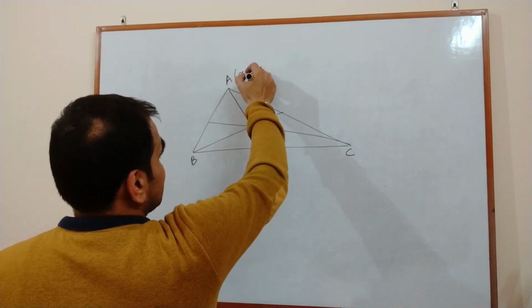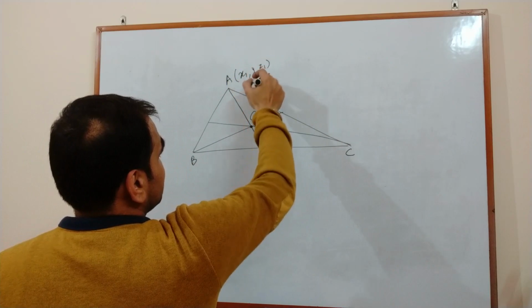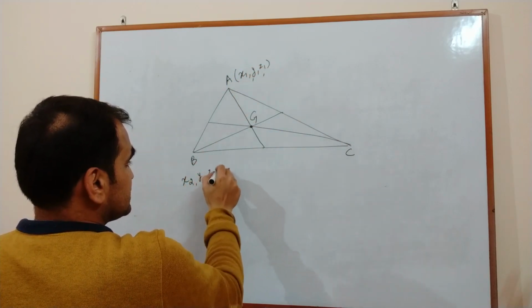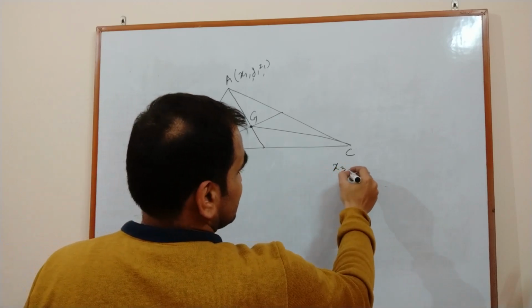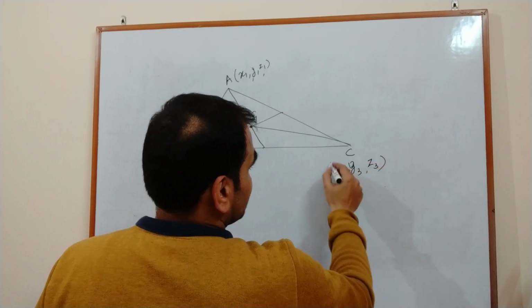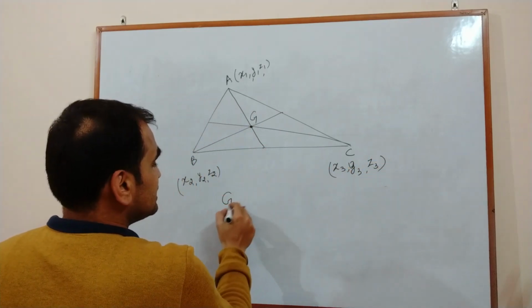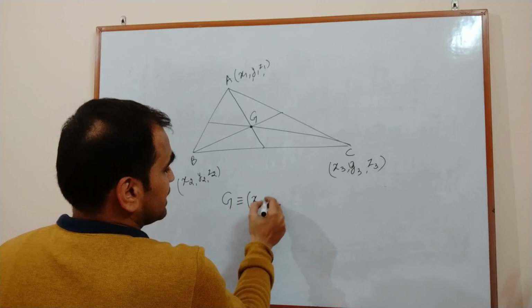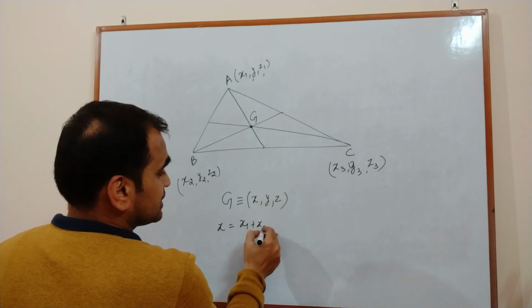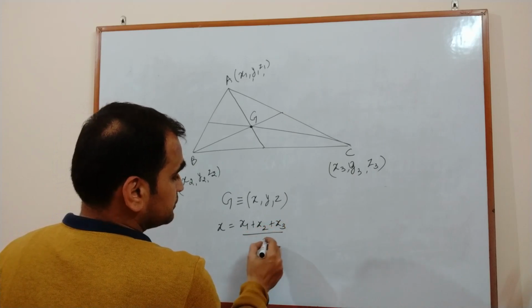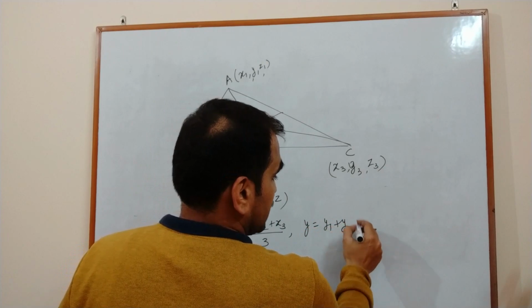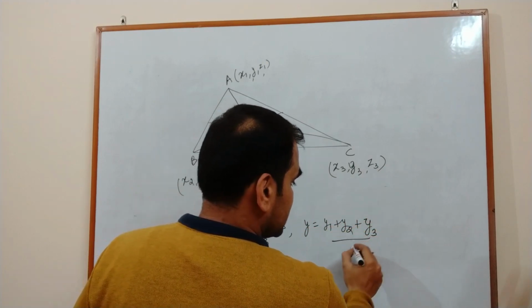So let it be, this is x1, y1 and z1. This is x2, y2 and z2. And this point is x3, y3 and z3. So this centroid G, if you define it by x, y and z, so x can be written as x1 plus x2 plus x3 upon 3. Y is y1 plus y2 plus y3 upon 3.